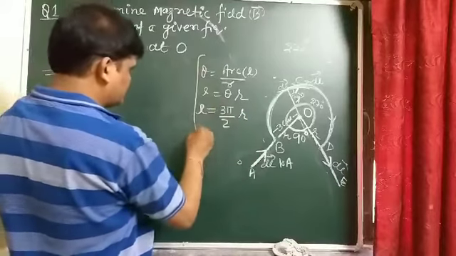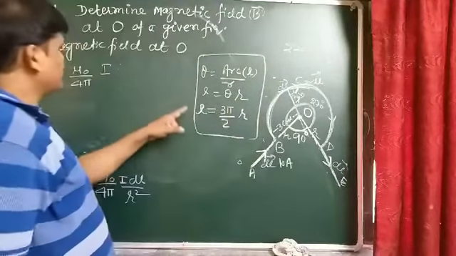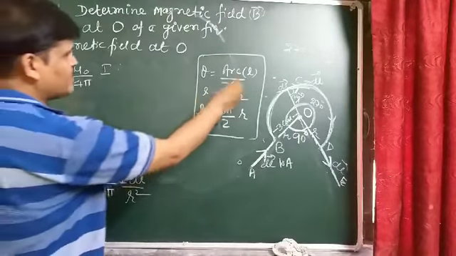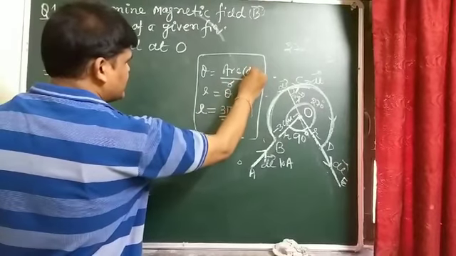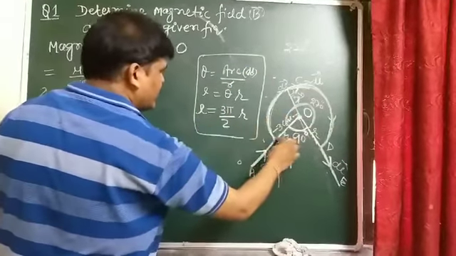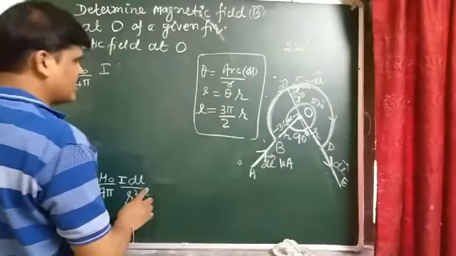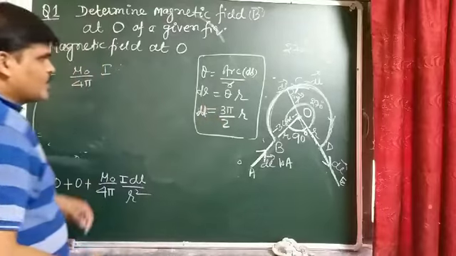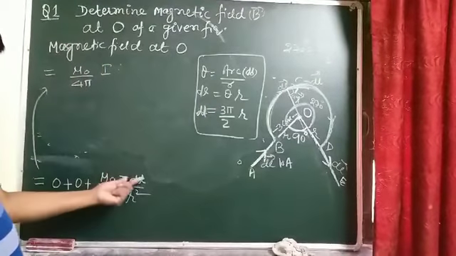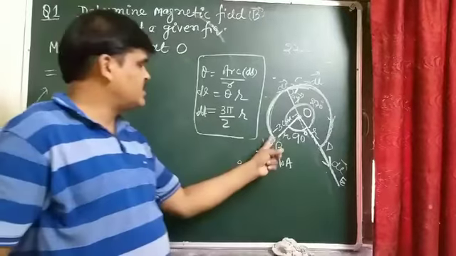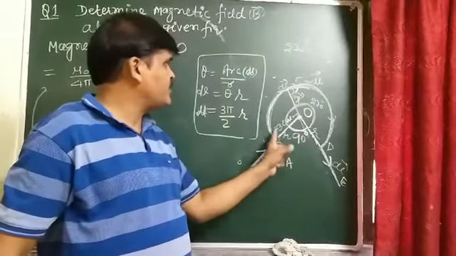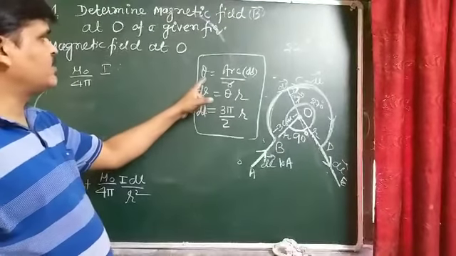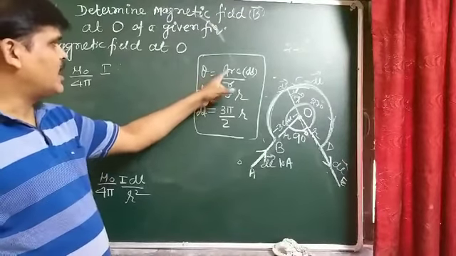So in place of dl, for the arc BCD, its length dl can be calculated by using the formula theta equals arc by radius.